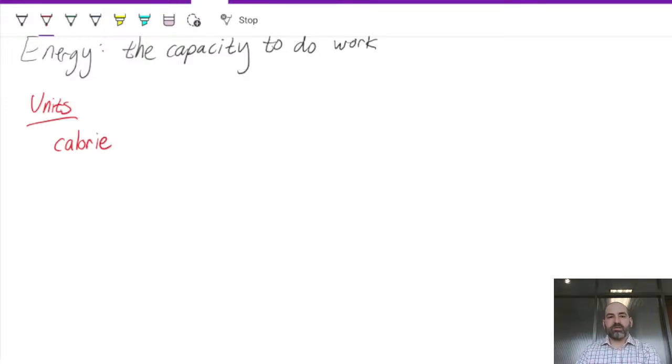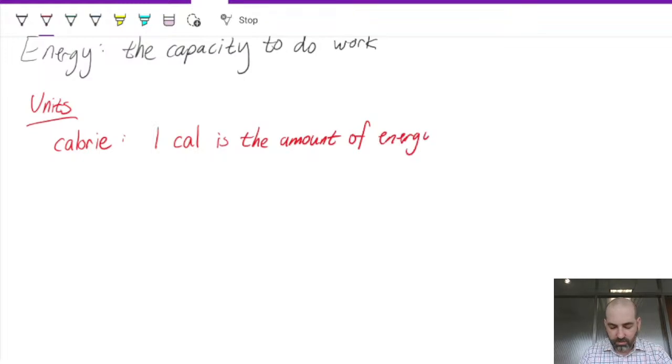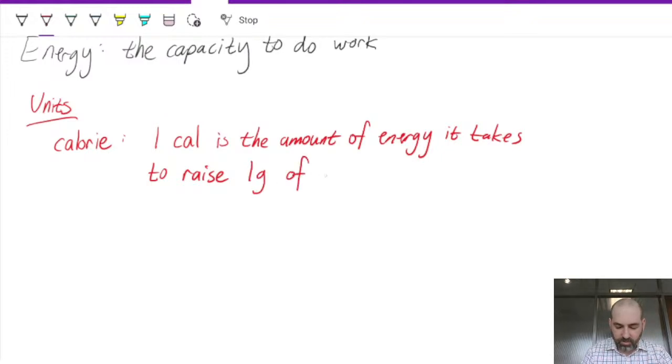This is maybe the easiest for us to understand. 1 calorie, and it's important to have a lowercase c, which we'll talk about why in a second, is the amount of energy it takes to raise 1 gram of water 1 degree C.